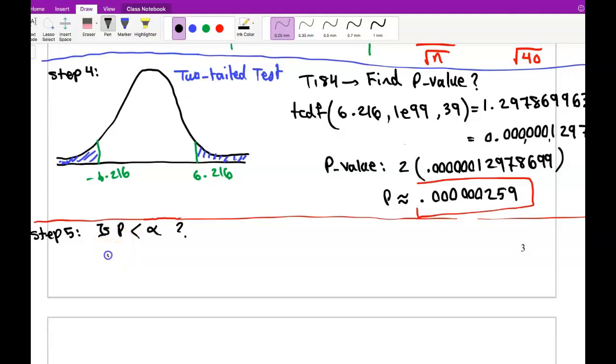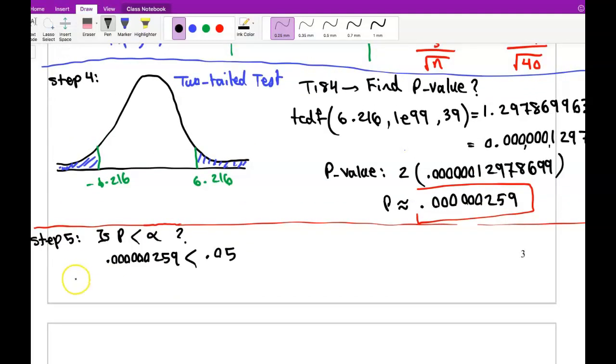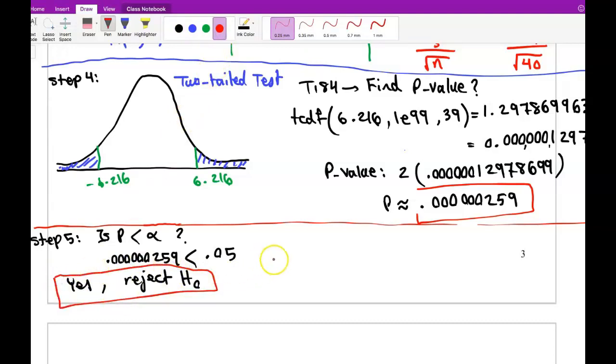We got that number for p. So is this one less than alpha? Yes, that's why we should reject the null hypothesis. Now step 6, conclusion.